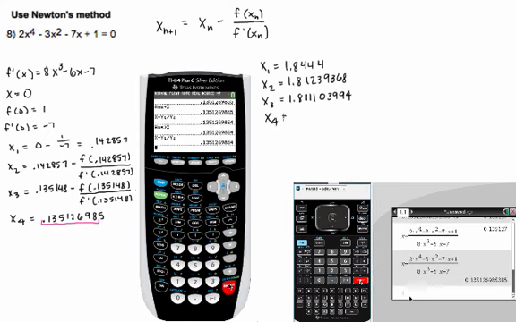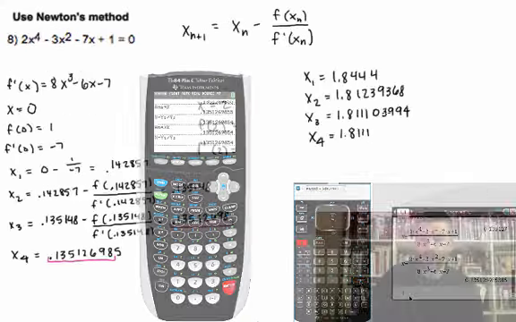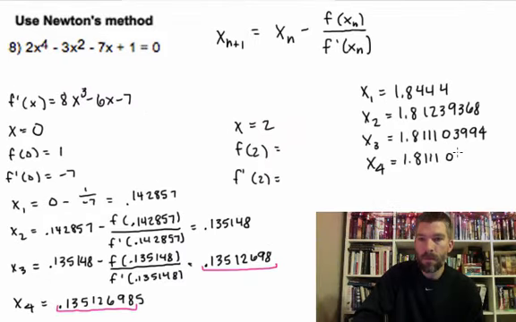For x4, I got 1.8111 0195. And then when I did the fifth one, I got the same thing.